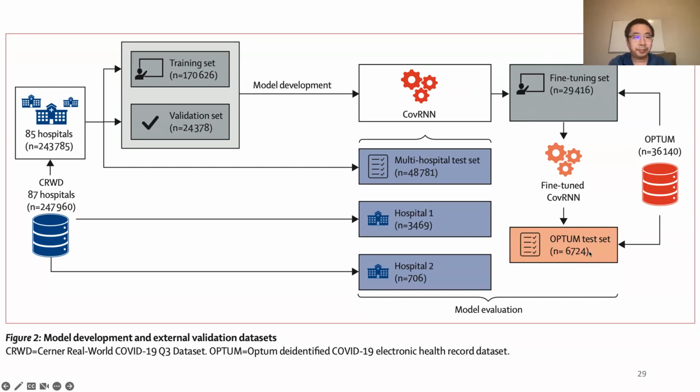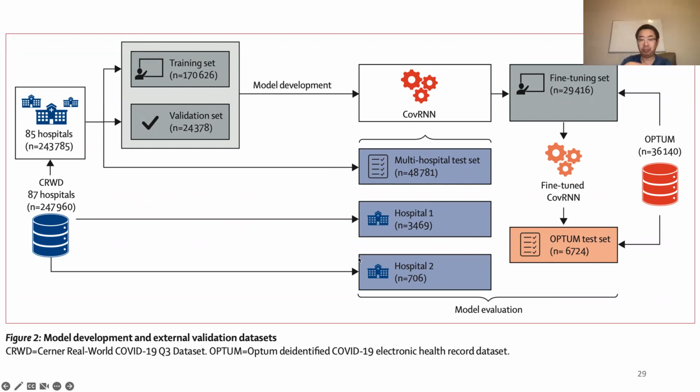So in this Cerner Real World data, these are the training, mostly training and validation, called the super training set, and we also have a multi-hospital test set that's distinct from those. And we carve out 2 hospitals.